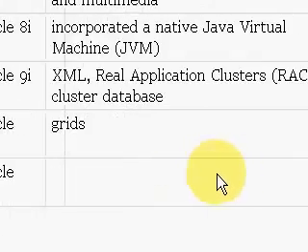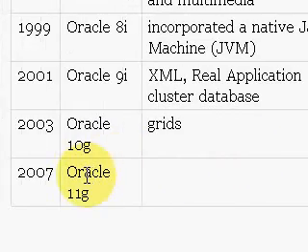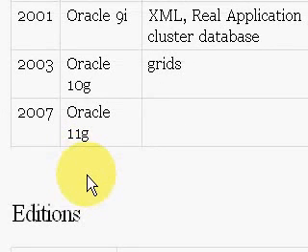And this included XML and Real Application Clusters. In 2003 we got to 10g, which focused on grids for displaying data easily. And then in 2007 we went to Oracle 11g.